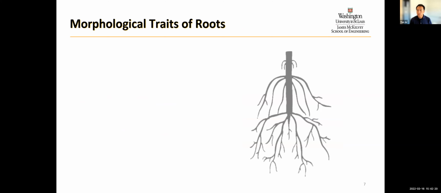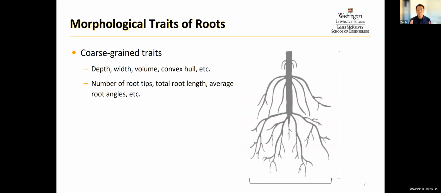They typically fall into two different categories. There's one category of traits which care about the overall shape of the plant, such as depth, width, volume, or convex hull volume, etc., or some averaging or statistical measures of the plant, such as the total number of root tips, the average direction of the roots and total length of the roots.